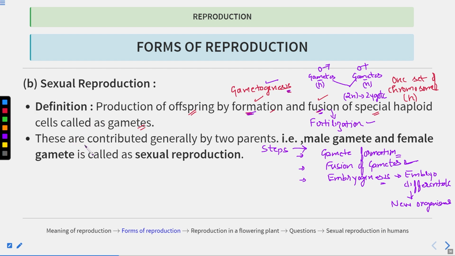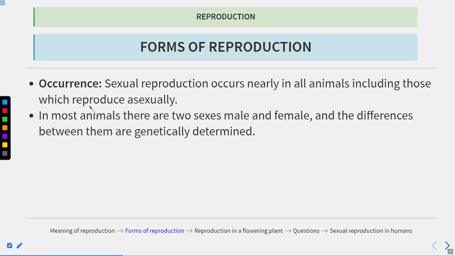Now, in sexual reproduction, two parents are involved. First one is the male gamete, another one is the female gamete, and this process is known as sexual reproduction.